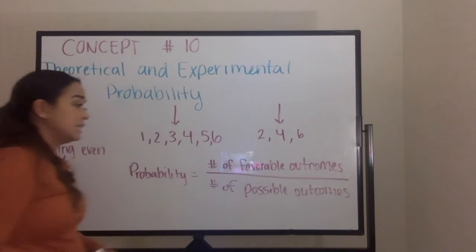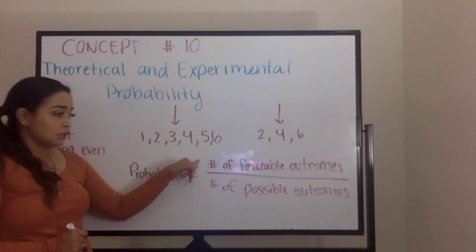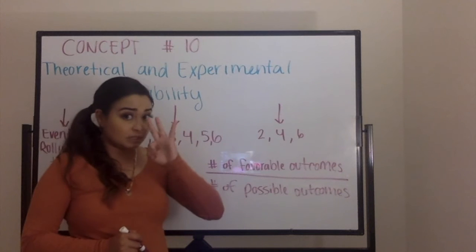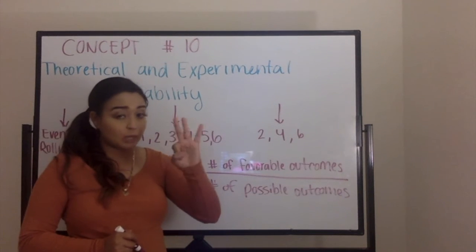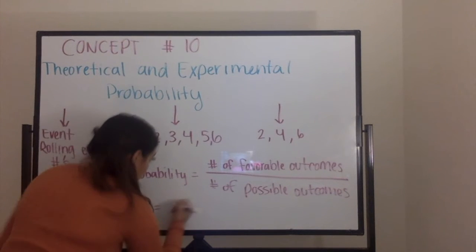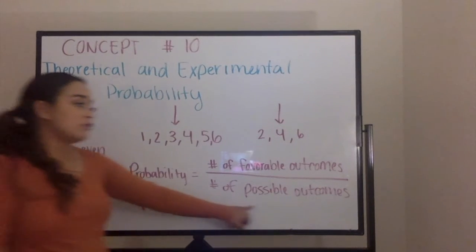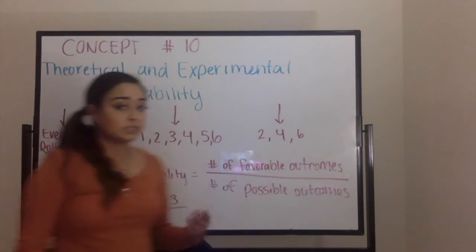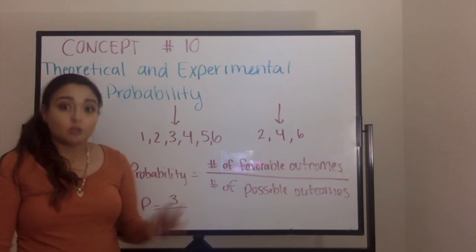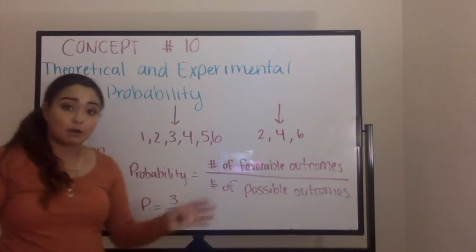So we've already identified those. The probability is equal to the number of favorable outcomes, which are 2, 4, and 6, which means there are 3 favorable outcomes. So P is equal to 3 over the number of possible outcomes, which, since we're dealing with a die, is 6.